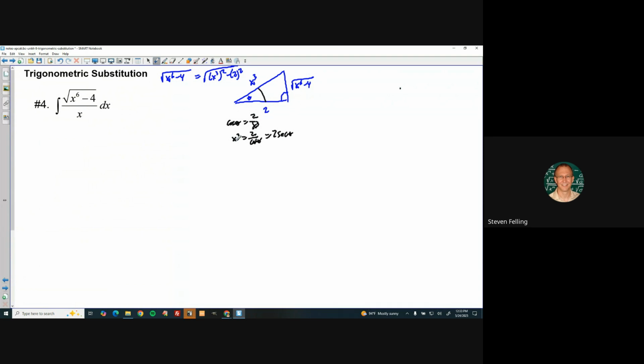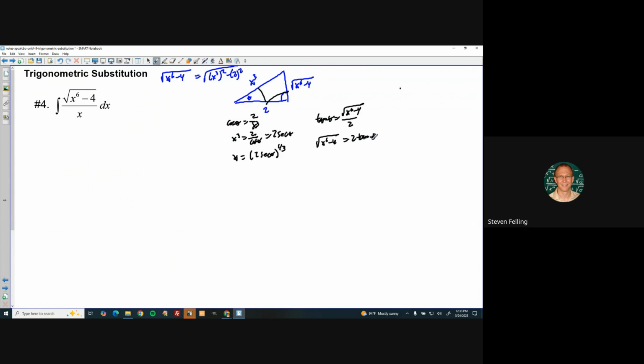And that does mean I'm going to have to solve for x. So I'm going to have to take that and undo that by raising both sides to the 1/3 power. All right, let's pair the constant with the other side here. That is tangent. Tangent is opposite over adjacent, so the radical x to the 6th minus 4 over 2. And then I'll solve this for the radical. So the radical x to the 6th minus 4 is equal to 2 tangent theta.